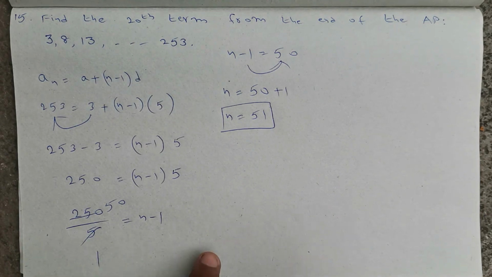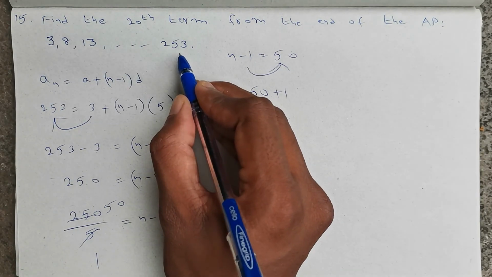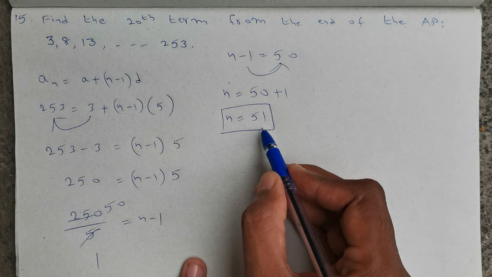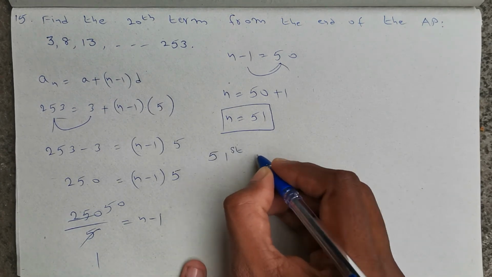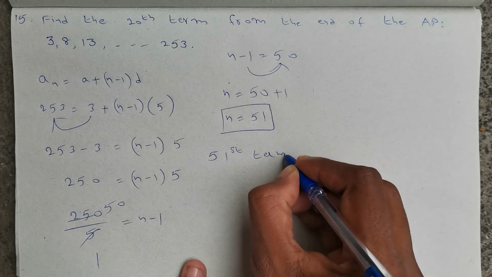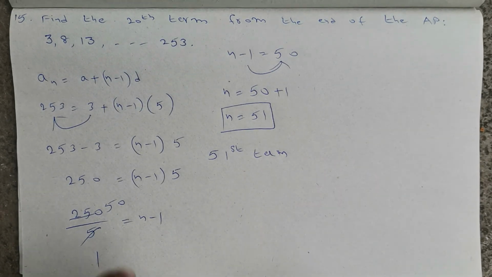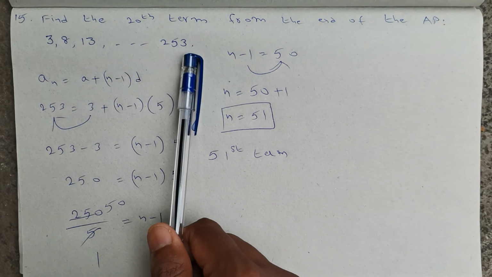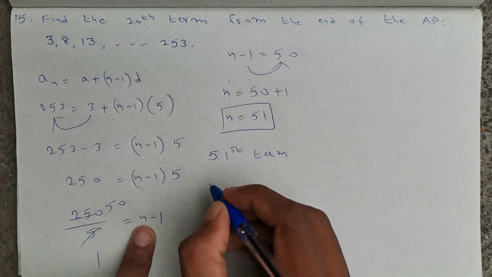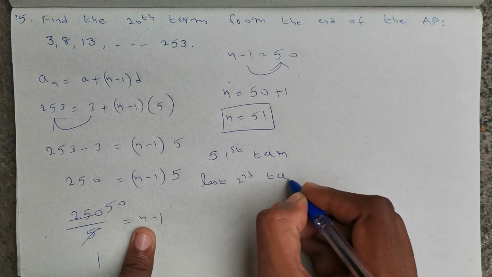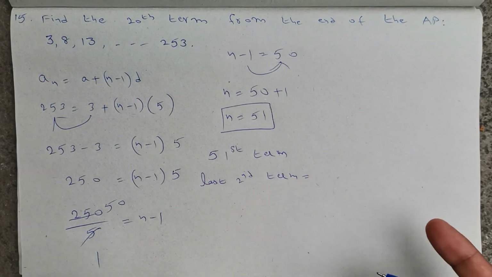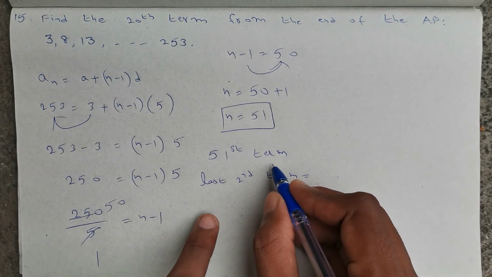So now this 253 will become the 51st term. From the last, the second term: total 51 terms are there.